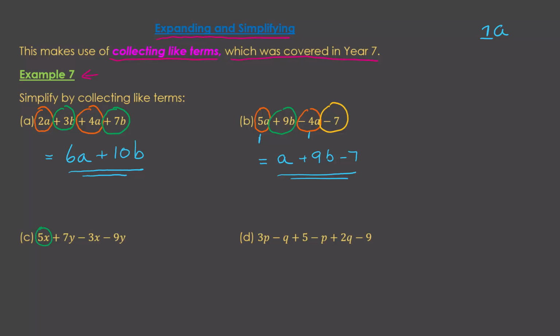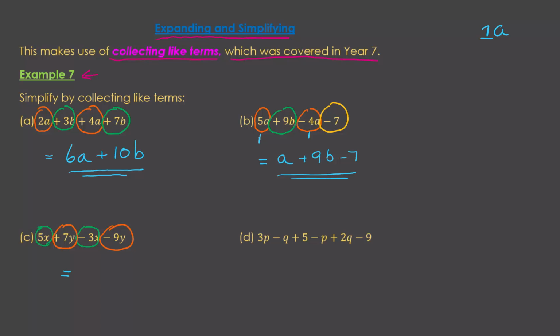In part C, I've got some x's and I have some y's, which I need to do in a different colour. So we'll do that. Now I can collect up the x's.